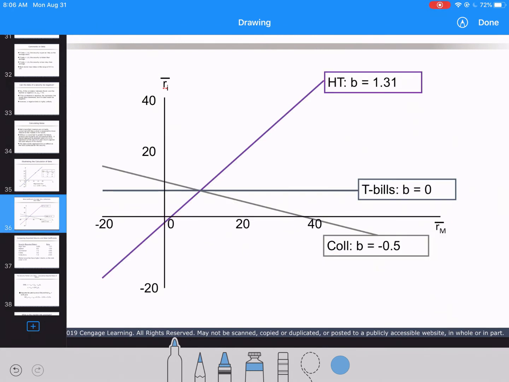T-bill is a flat characteristic line, high tech has a higher slope, and collection is negative. So you can see that as the market improves, collection is falling, and if the market goes down, then collection would be rising.